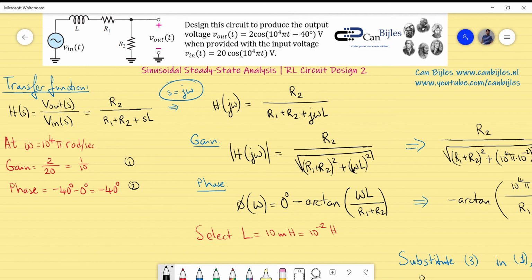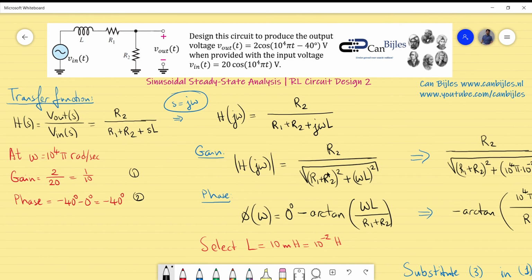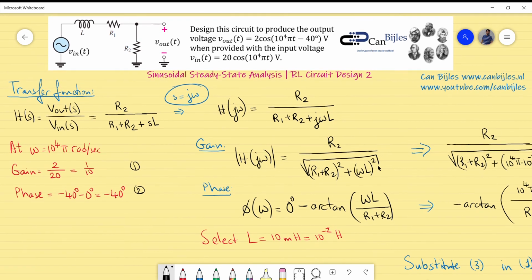If omega increases, 1, 10, 10,000, 1 million, etc., this term begins to increase, and in the limit it will be infinity. The whole term will approach 0, so it will be minus infinity dB. In this case, this will be a low-pass filter. It will pass the low frequencies and attenuate the higher frequencies.